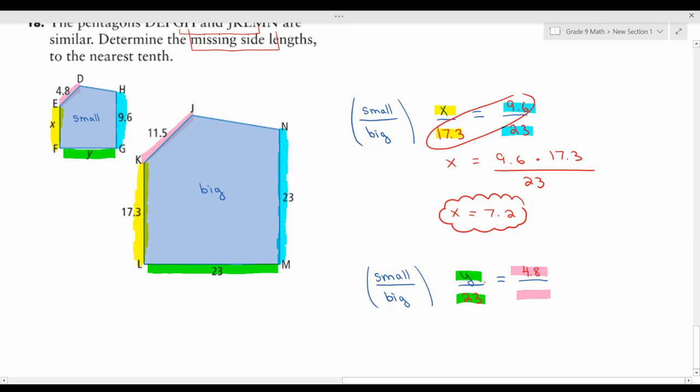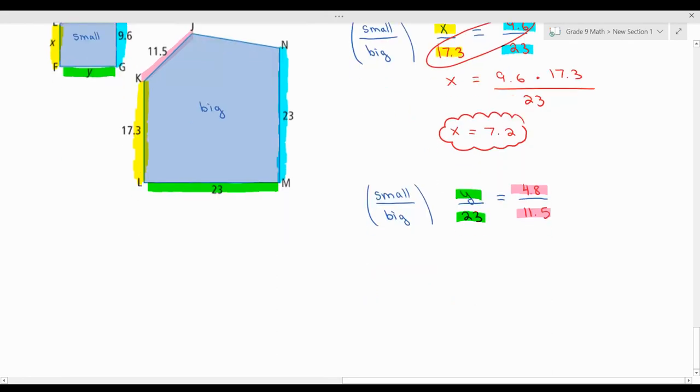Reminder, these have to both come from the small, and these have to both come from the big, because of the way I set it up. Again, cross multiply. Y will be 4.8 times 23 over 11.5, and you get your answer, which would be 9.6.